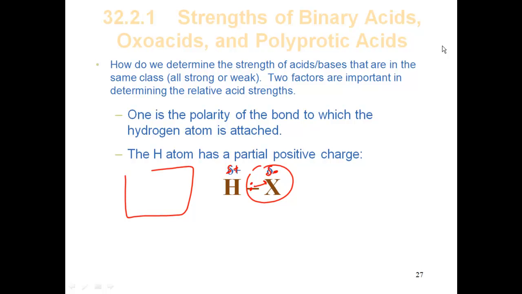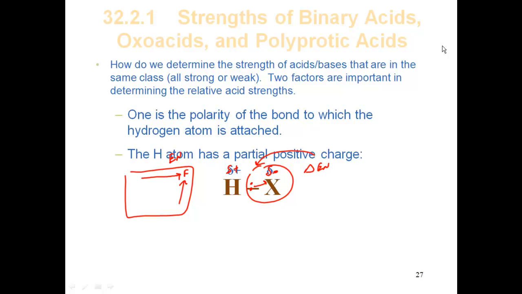Remember, the trend for electronegativity is that fluorine is the most electronegative, so it's increasing to the right and increasing up, pointing toward fluorine being the most electronegative. As this electronegativity difference increases, the harder it's going to be to hold on to that hydrogen.